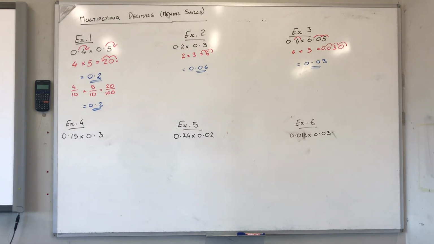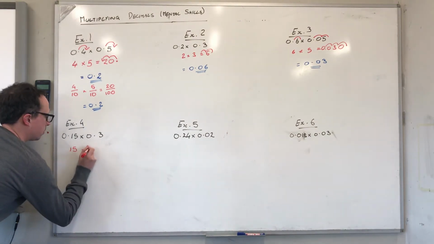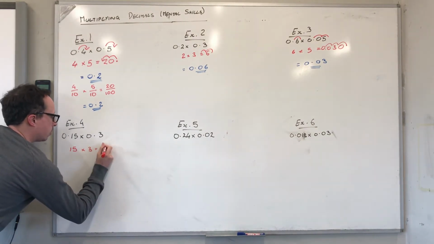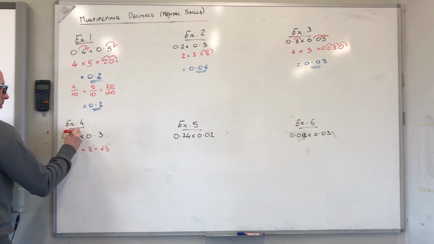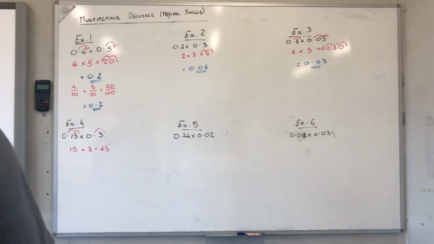Now let's look at this. Example 4, we've got 0.15 times 0.3. Now let's move it till we've got whole numbers. So I have to move all the decimal points to the right by 3 in total. So I'm moving back by 3.